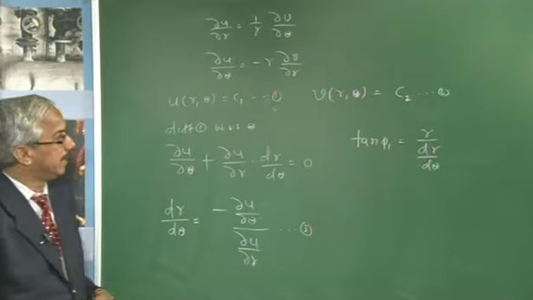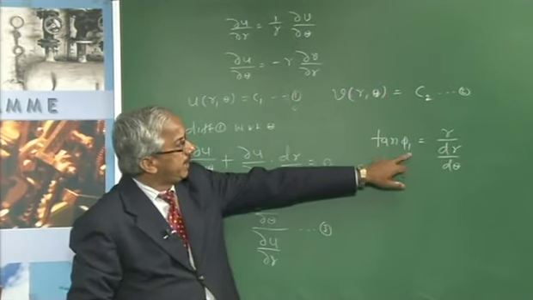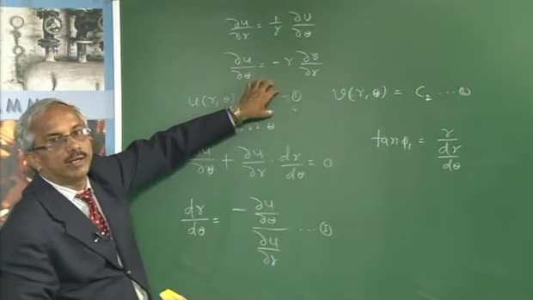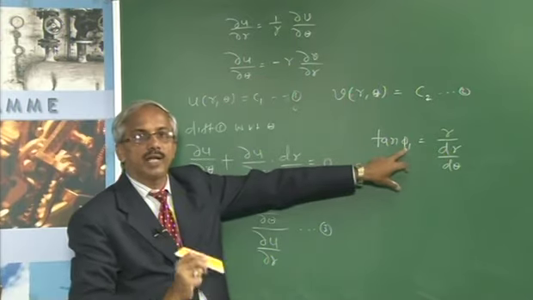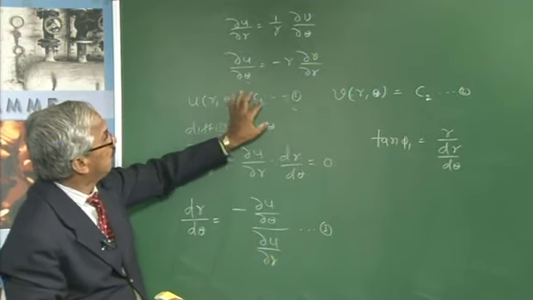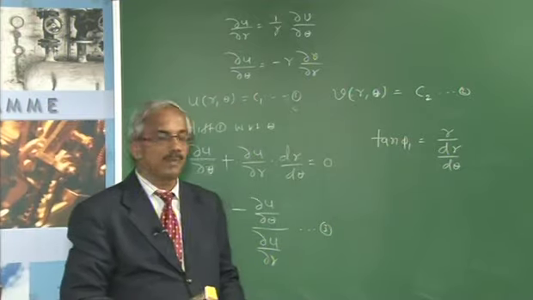Here phi 1 is the angle between the radius and the tangent to curve 1 at any point P of r comma theta.